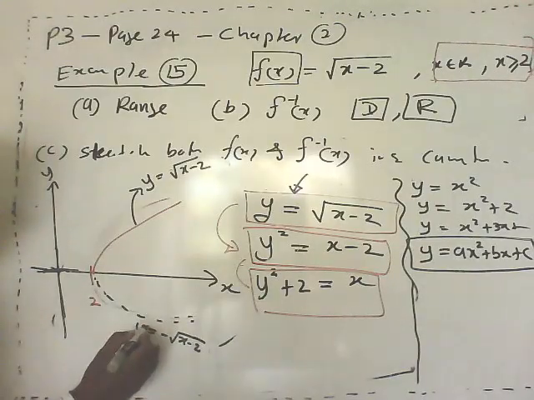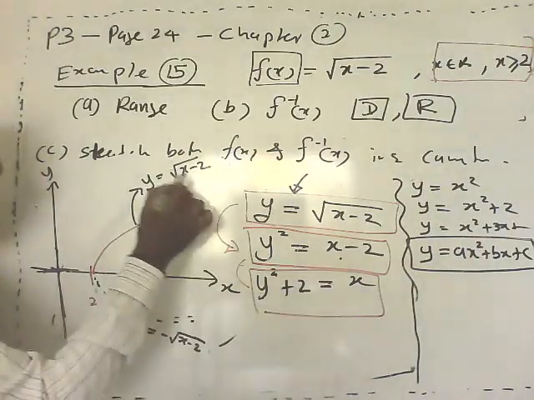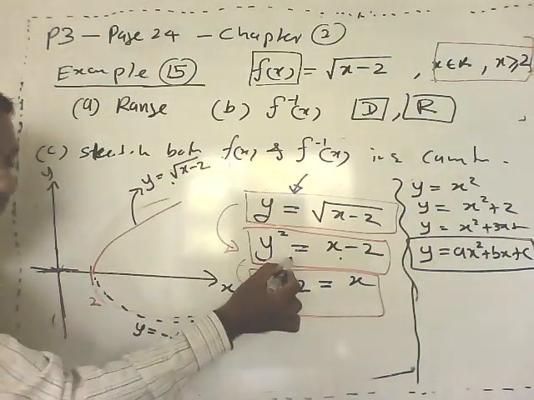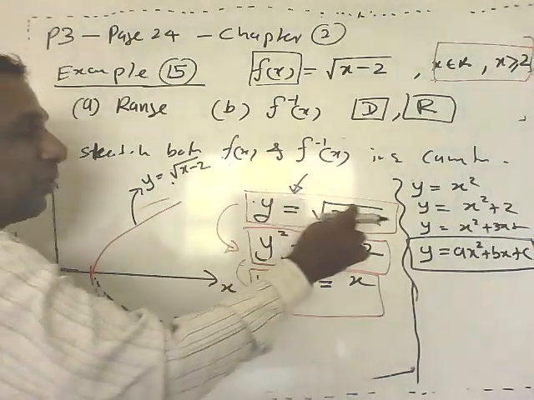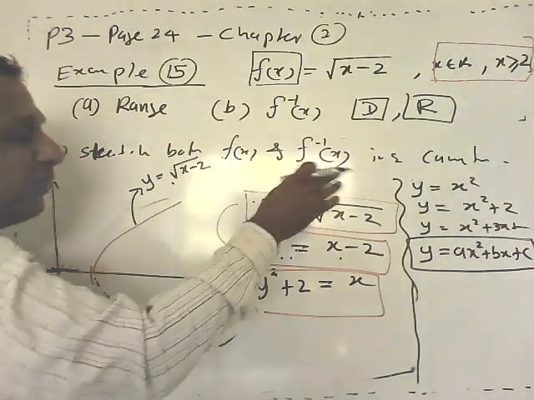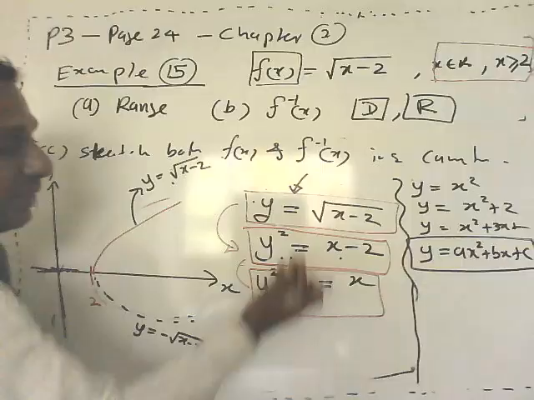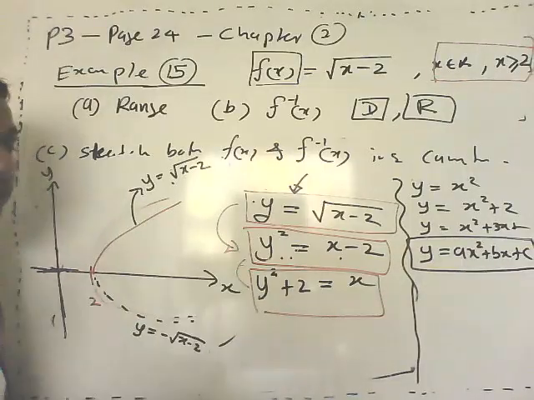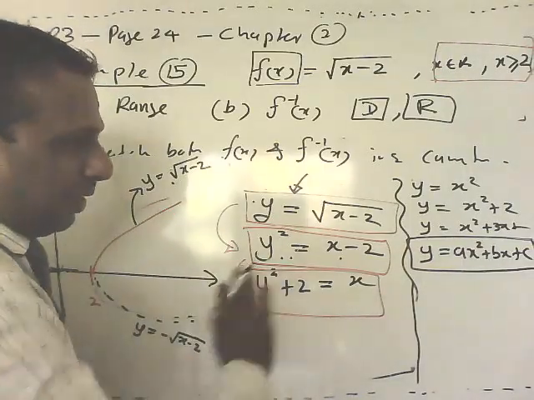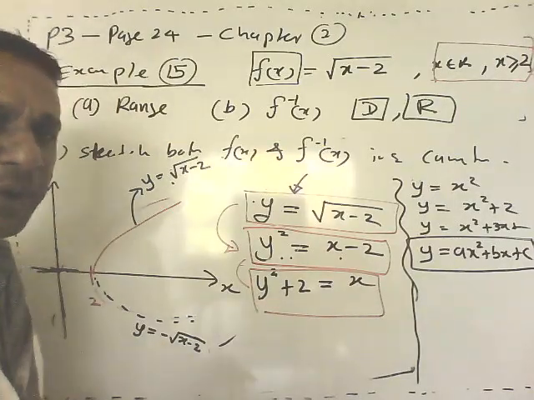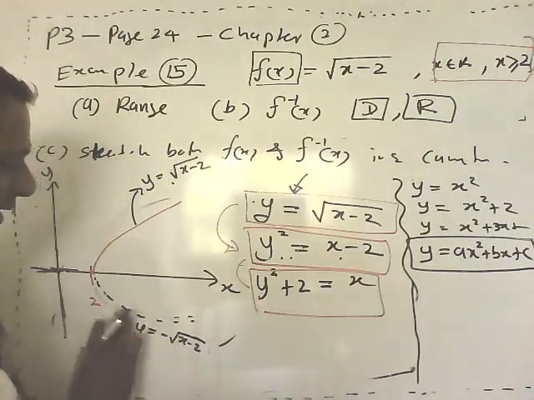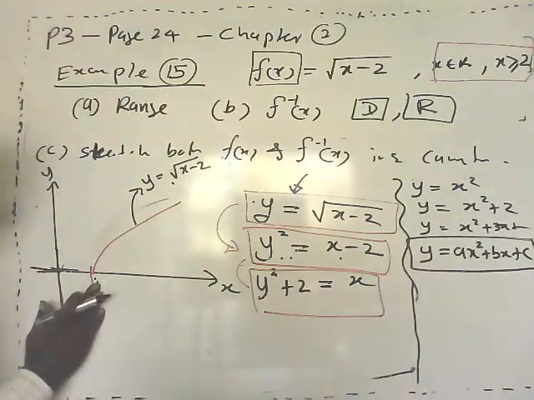Here if you square it, y squared is x minus 2, you will get this. If you square this also, you will get this. So when we are squaring, actually the original graph was this. When we squared it, we inserted another unwanted graph into our equation. So that trouble was there. This explanation I will give only in the beginning. After that I won't talk. So here we have to forget this part.